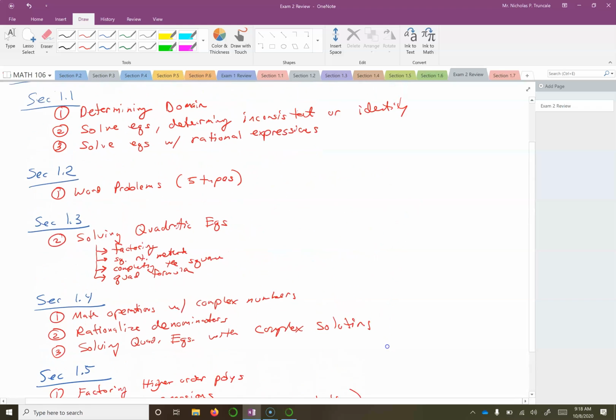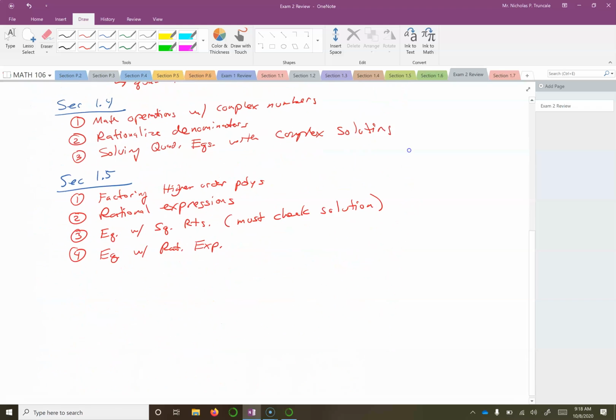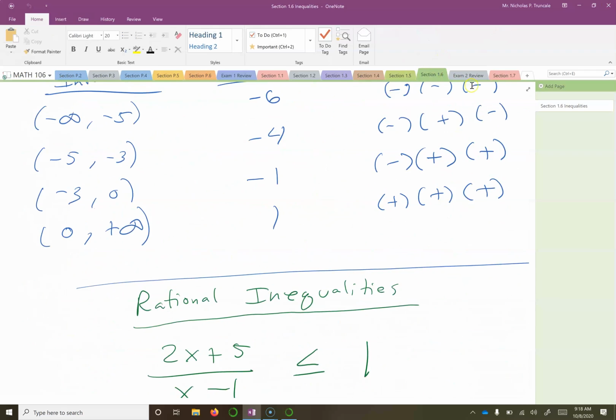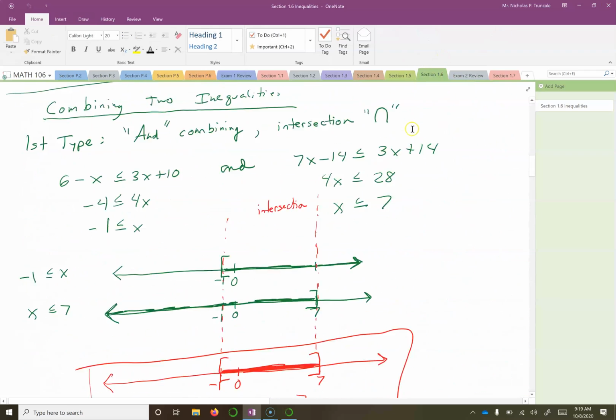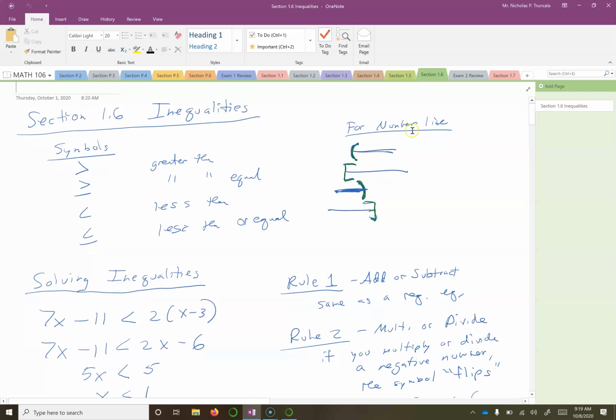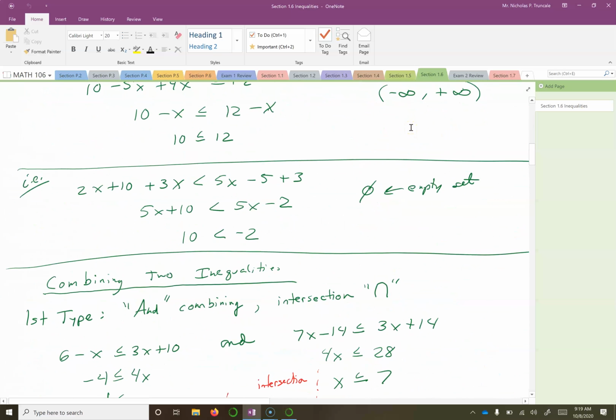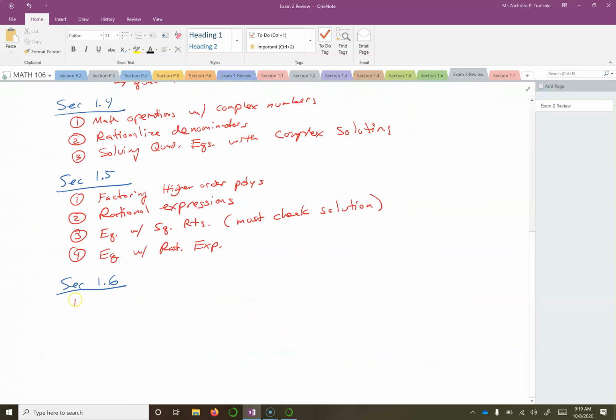All right? So we only have one more section. The one we just went over today. All right. Let's get up to the top here. We had just basically solving inequalities. They were simple. Solving inequalities.